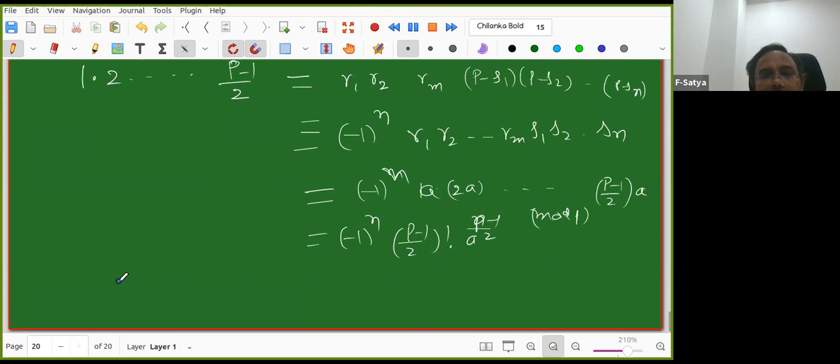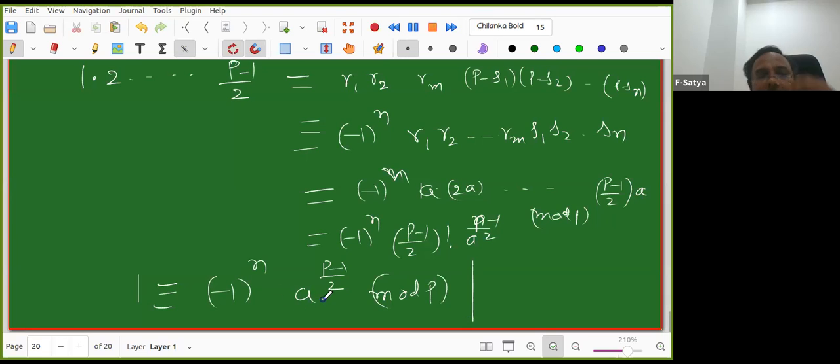So what did we finally get? 1 is congruent to minus 1 power n into A power P minus 1 by 2 modulo P. Multiply both sides by minus 1 power n: minus 1 power n is congruent to A power P minus 1 by 2 modulo P.